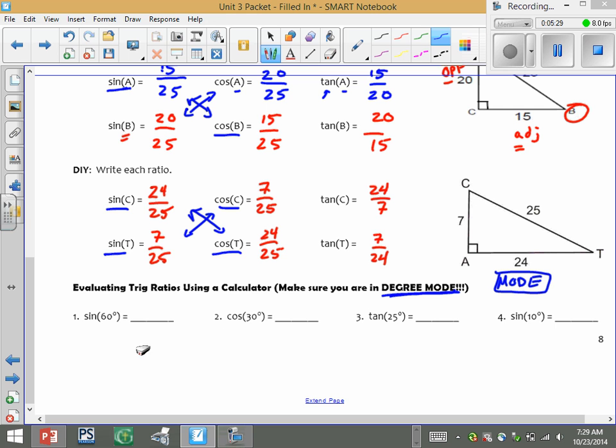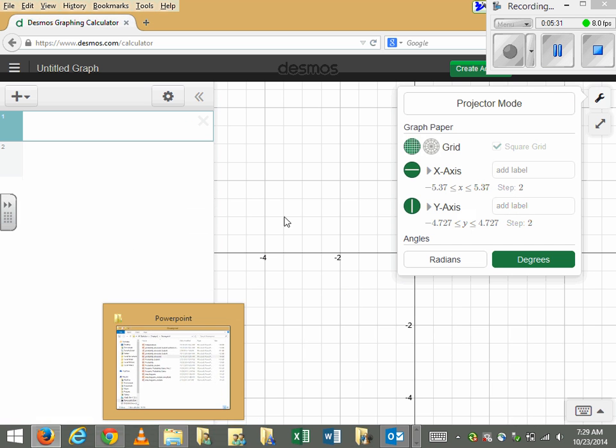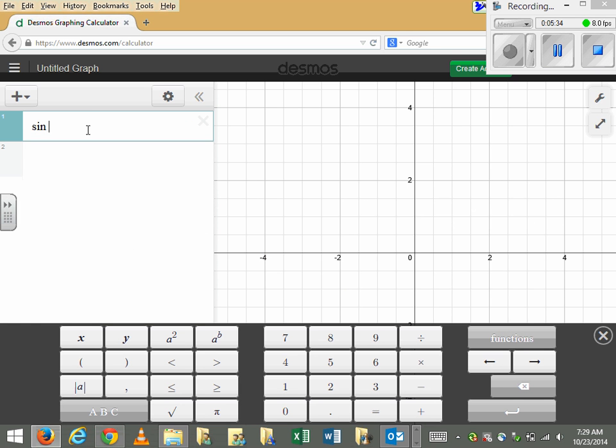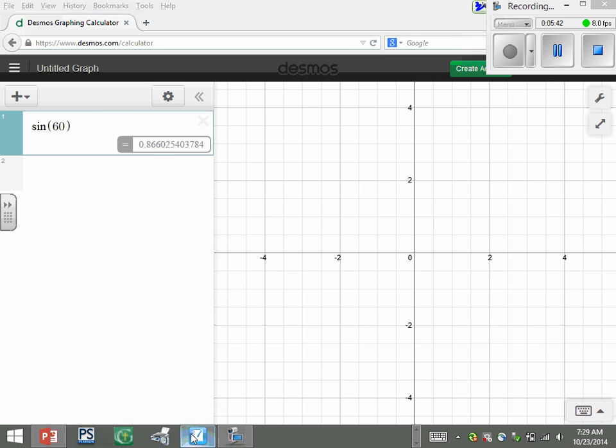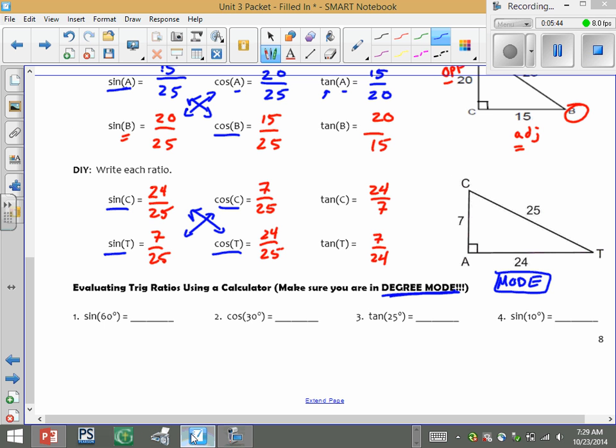So the sine of 60. If I type in sine of 60, it'll give me a decimal. The sine of 60 is 0.866.